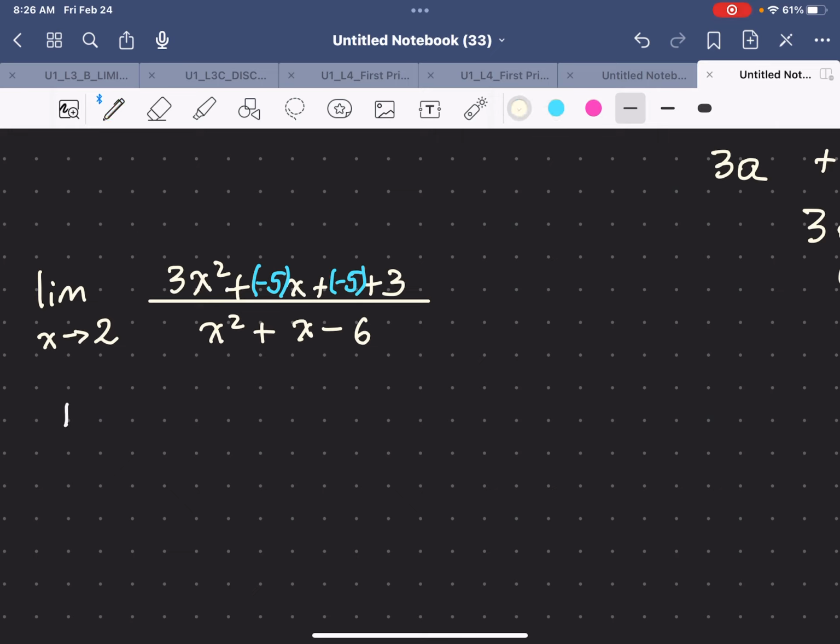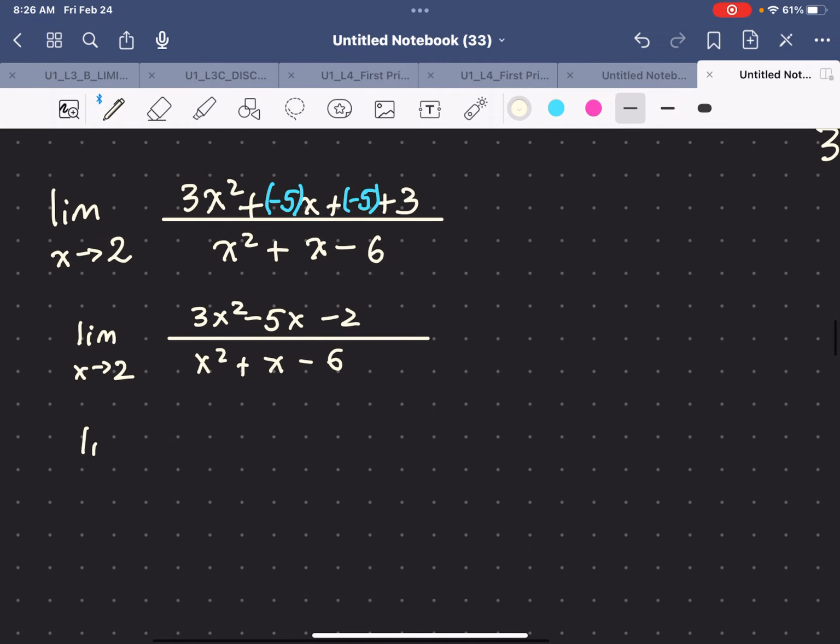So we have the limit as x approaches 2. We'll simplify the numerator, which is now 3x squared minus 5x minus 2, and the denominator is x squared plus x minus 6. Let's see if we actually made the limit estimatable. So obviously we have to factor because we need to remove the restriction of 2 from the denominator.